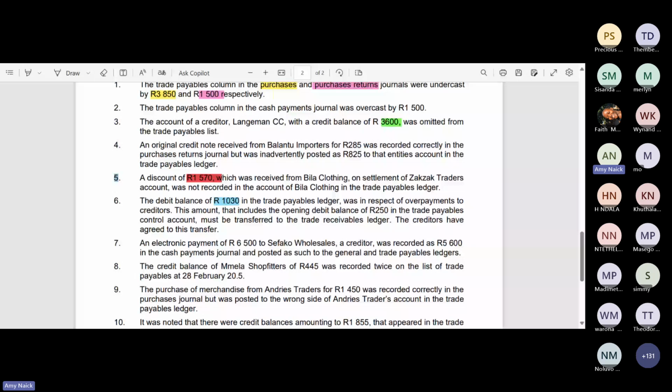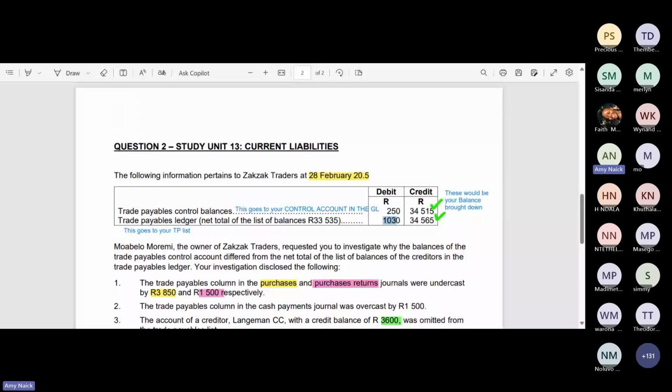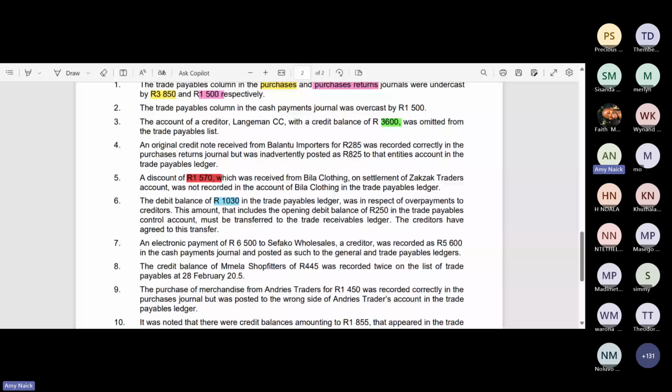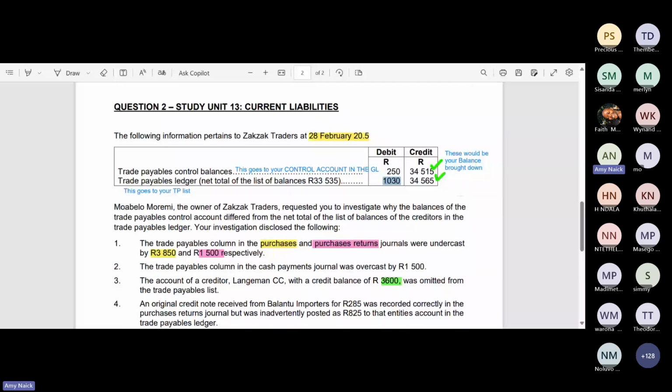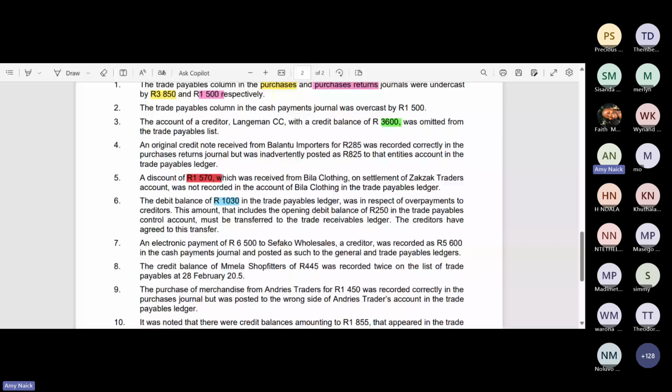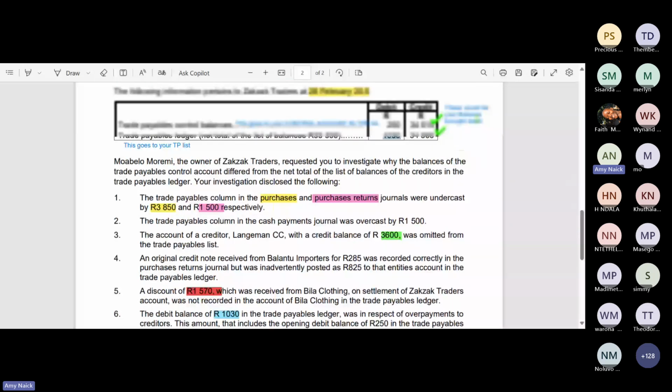If you look up here, there's the 130 and the 250. They're saying the debit balance that's sitting here consists of an overpayment, and this amount includes the opening debit balance of 250 rands. So you'll see there's the 250 rands there.